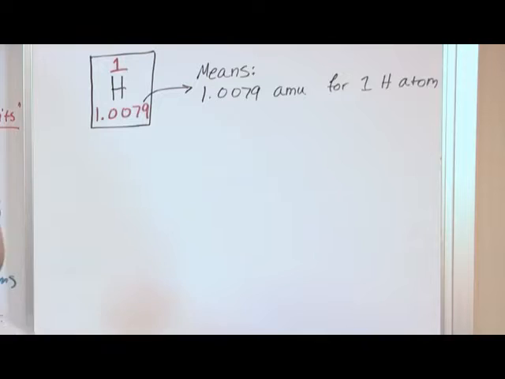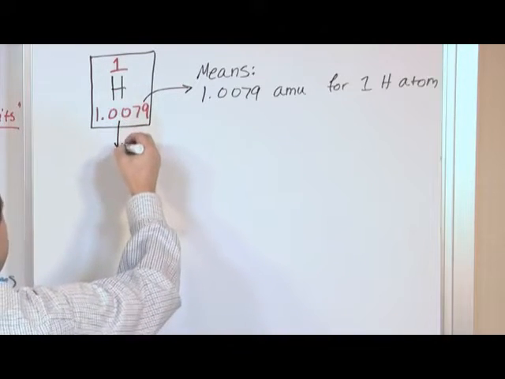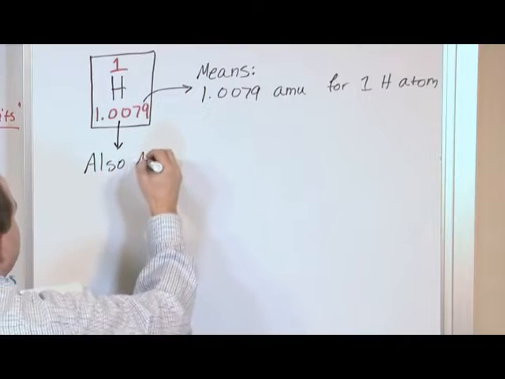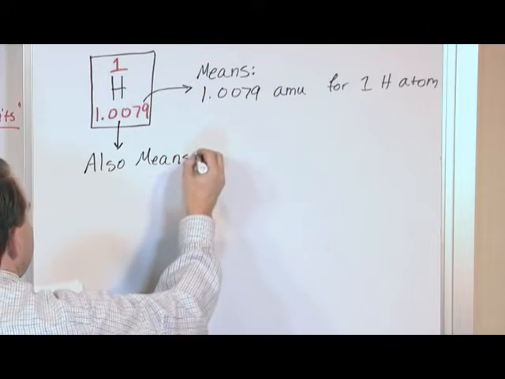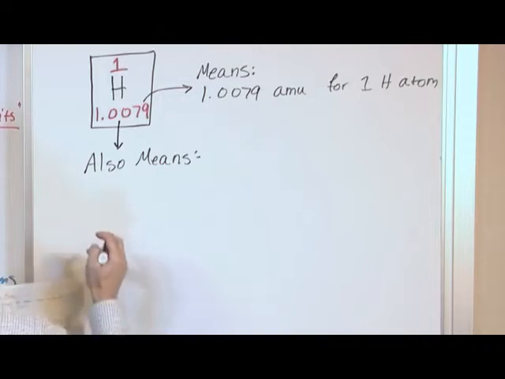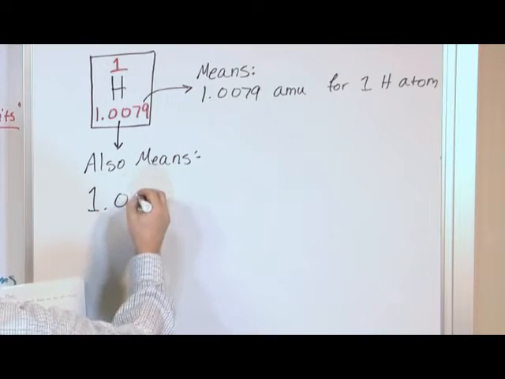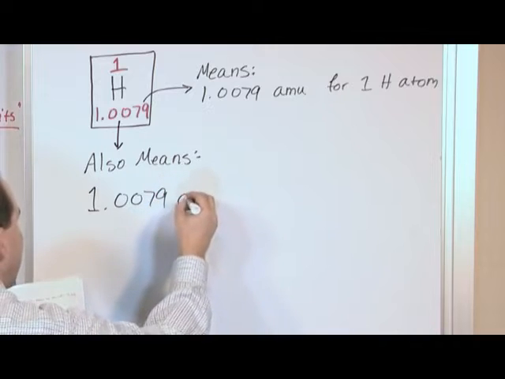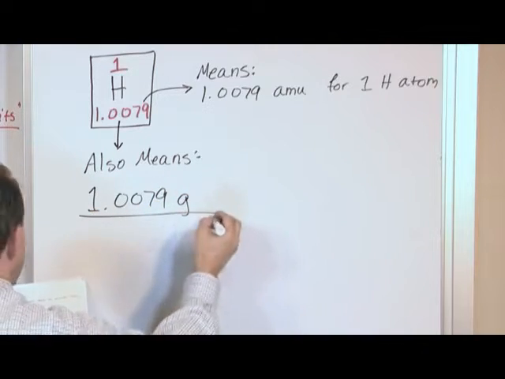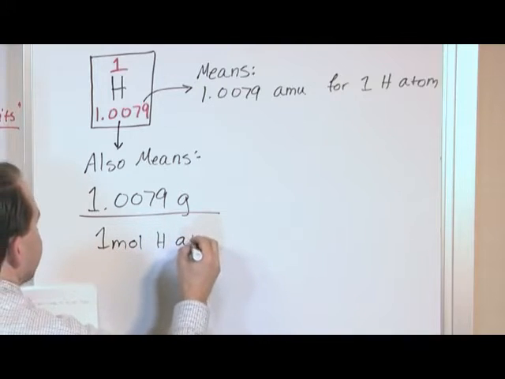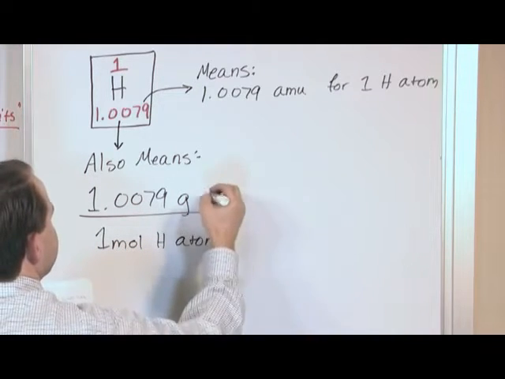And what it also means for hydrogen is 1.0079 grams of hydrogen for 1 mole of hydrogen atoms, right?